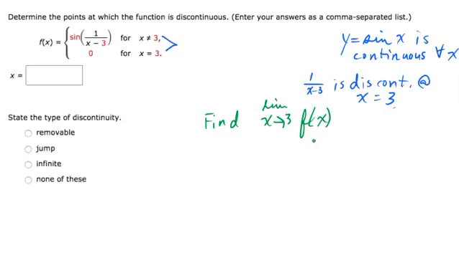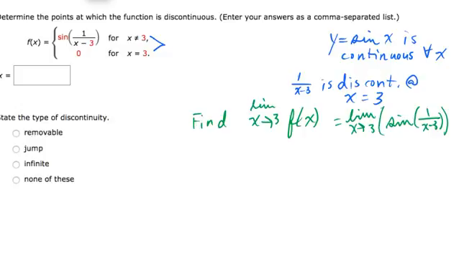But anyways, to find the limit as x approaches 3, since f is defined by sine of 1 over x minus 3 when x is close to 3, because it's defined by that everywhere except at 3, we would plug into that to find the y values. So that limit would be equal to the limit as x approaches 3 of sine of 1 over x minus 3.